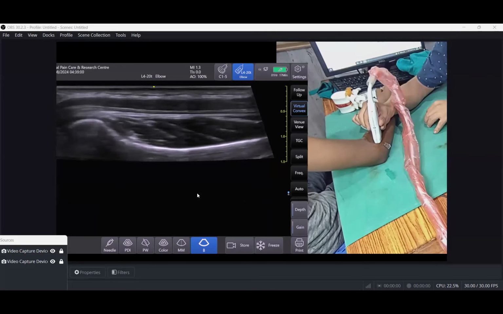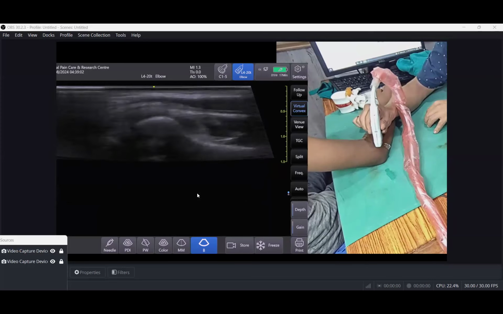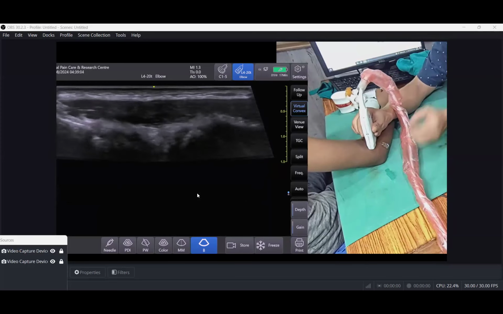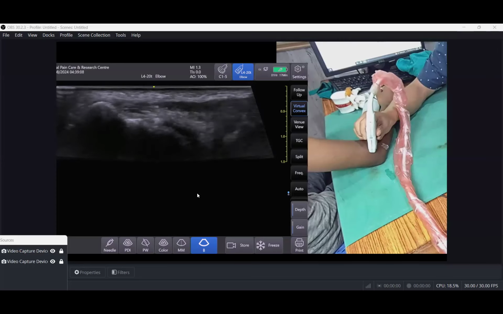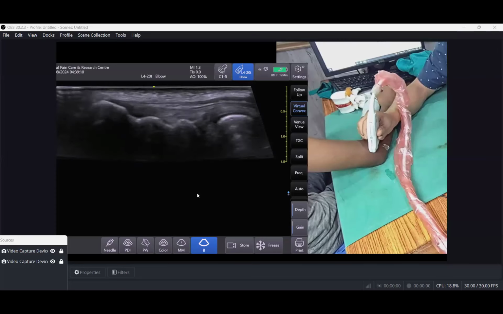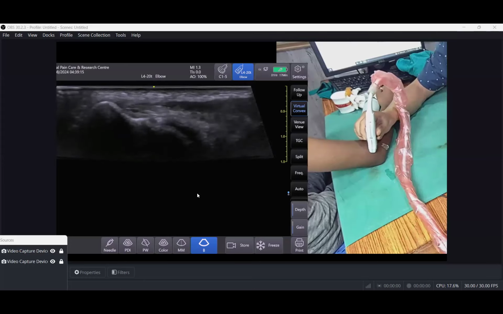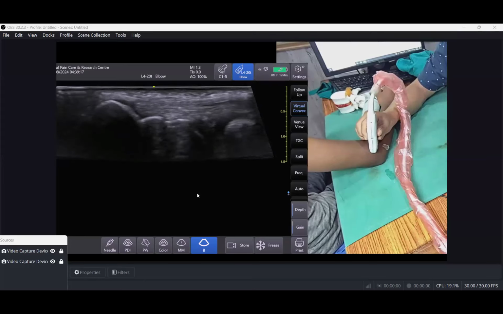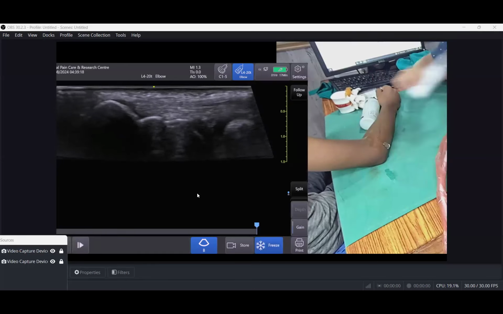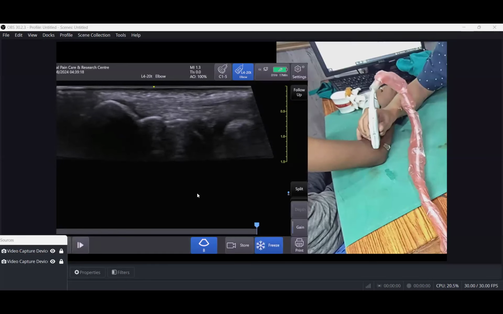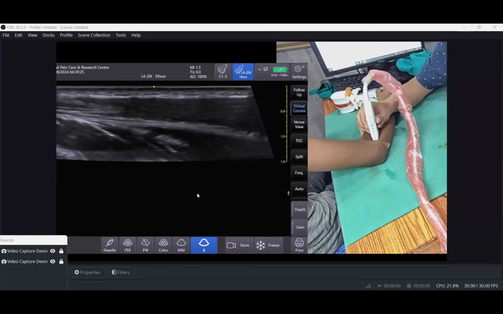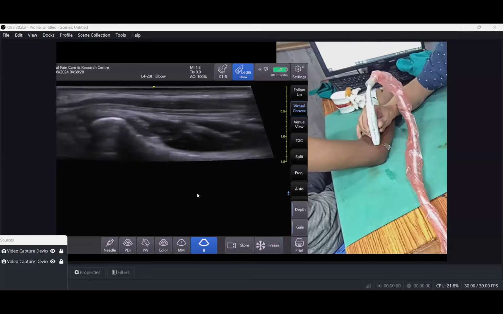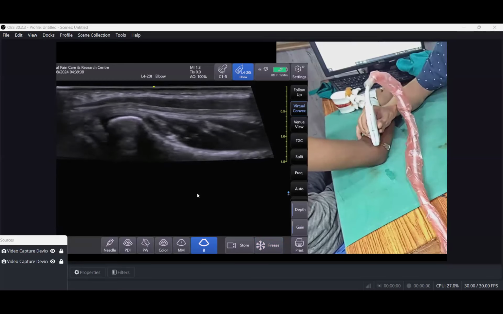If you slide your probe more proximally towards the bump here, now we can very nicely see the common extensor tendon. So these are the muscles, the common extensor muscles, and it is all going towards this.